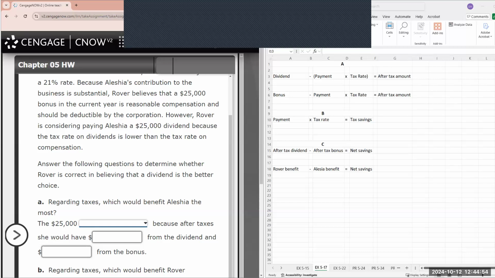So therefore, the corporation wants to ensure that when they are making the decision, who is it going to benefit? How does it benefit the corporation versus how does it benefit the shareholder? So in such case, the question becomes, should the corporation or should the shareholder benefit? So in general, the best strategy considers the tax consequences to both parties.